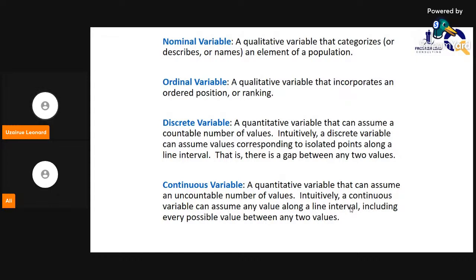A continuous variable can also assume a value along a line, but in this case, every possible point between any two values. So a continuous variable can be at any point, but a discrete variable has to have a gap. Then you can actually determine the difference between the two. For example, the difference between 1 and 2 is 1. So just like that.